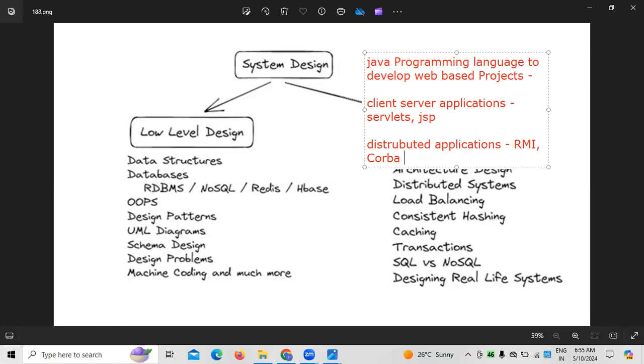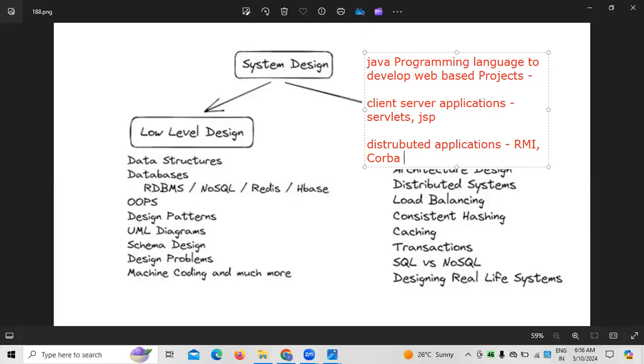Later on, RMI transformed into Hibernate technology. That's a different story. CORBA is majorly for Orbix projects. CORBA is a highly technical and highly valuable technology, but very few people know it.